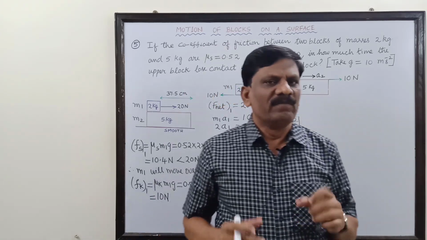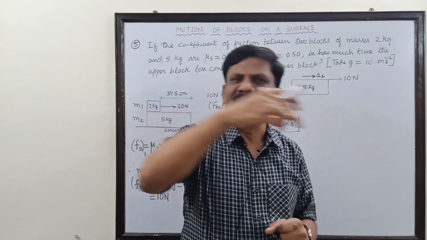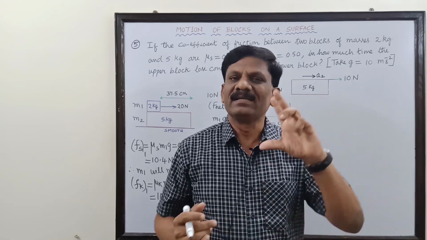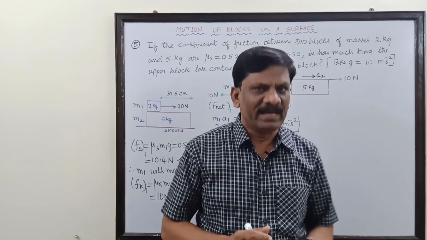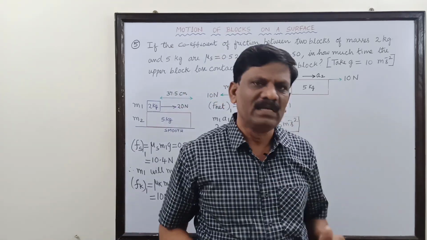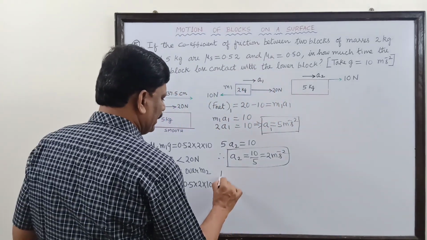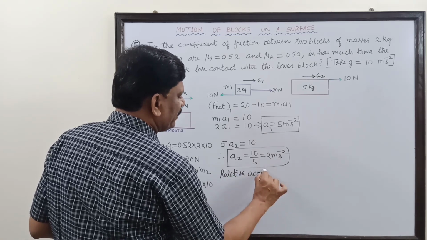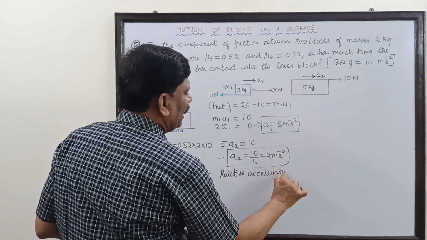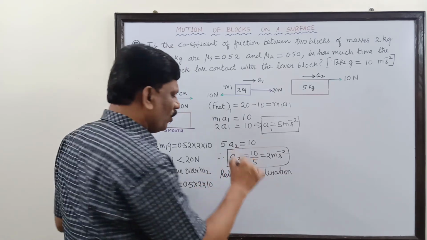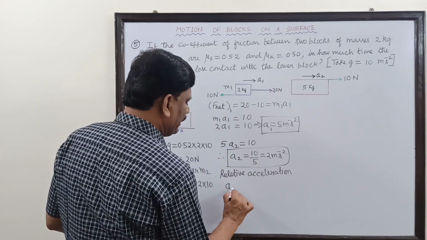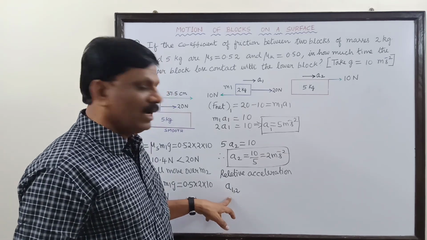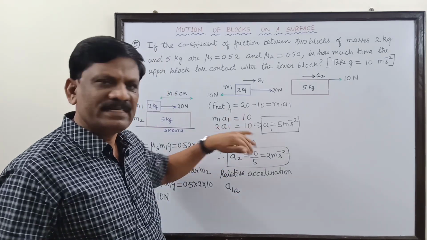Now, when the first mass is moving over the second mass, there is a relative motion between A and B, and there is a relative acceleration of the first mass with respect to the second mass. That relative acceleration of the first mass over the second mass is denoted by a12.